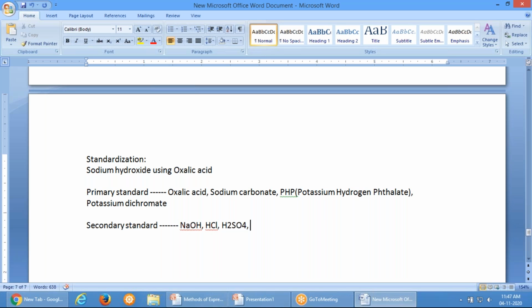Potassium dichromate is used in standardization of redox reactions. Potassium hydrogen phthalate is again used for standardization of sodium hydroxide. Either oxalic acid or potassium hydrogen phthalate can be used to standardize the sodium hydroxide.